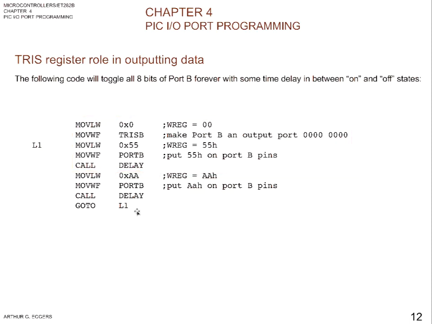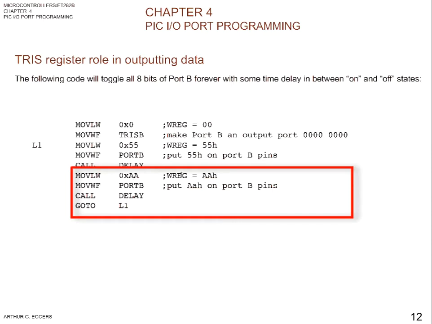So the next step, again, you're going to move a literal value to the working register. The working register will now have AAH in it, and then move the working register value to F, in this case F is port B, putting AAH on the port B pins. Then call another delay and then go to L1.